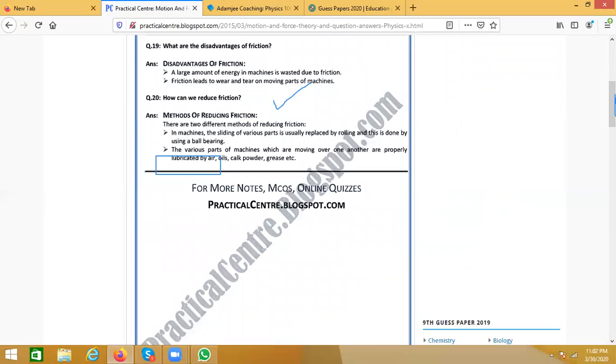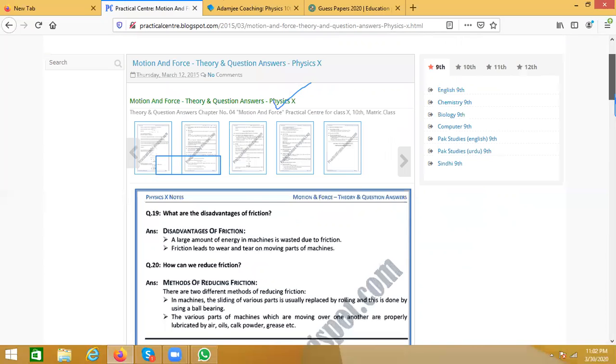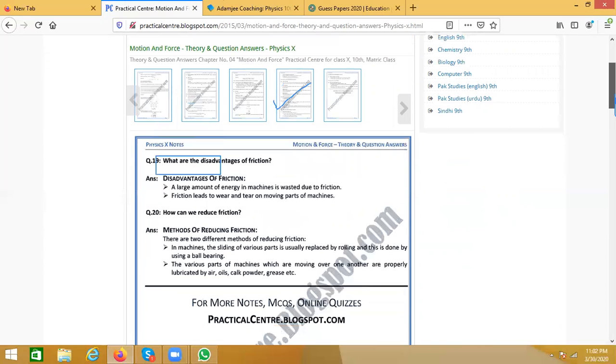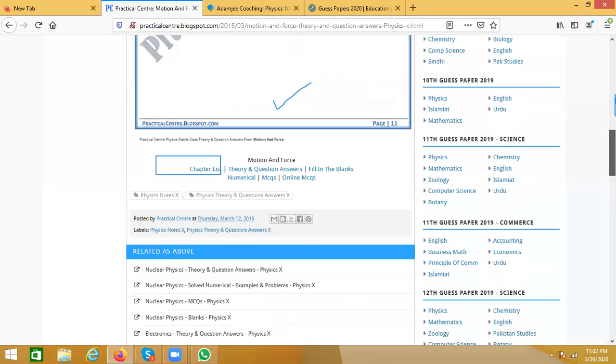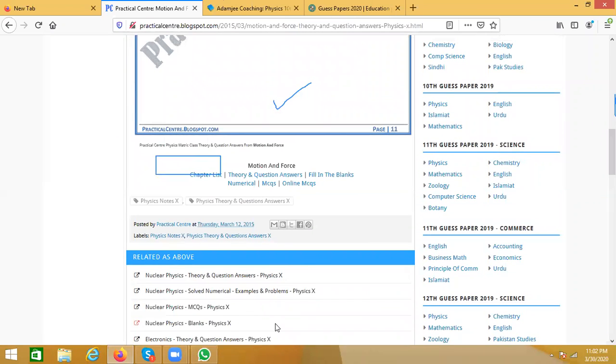There are simple methods: we can use ball bearings, or grease, we can lubricate them or oil them, in order to reduce friction, right? So these are a couple of methods to reduce friction. This was it for today's lesson.